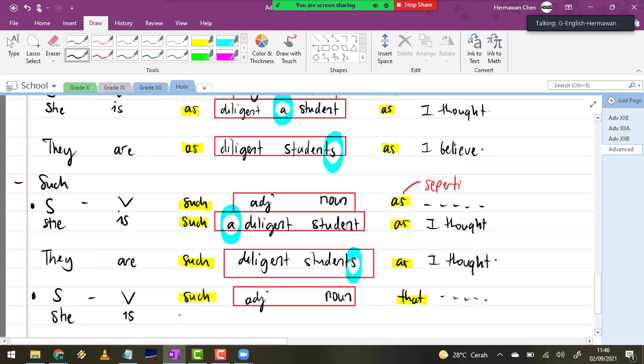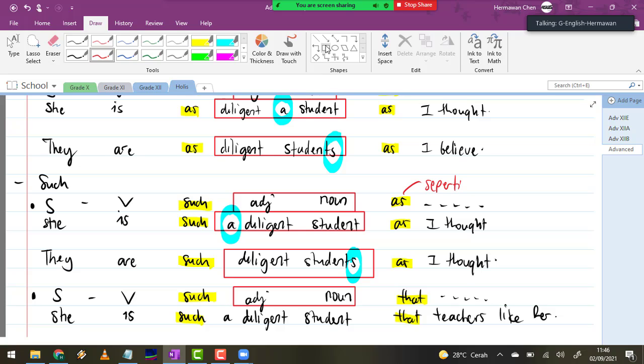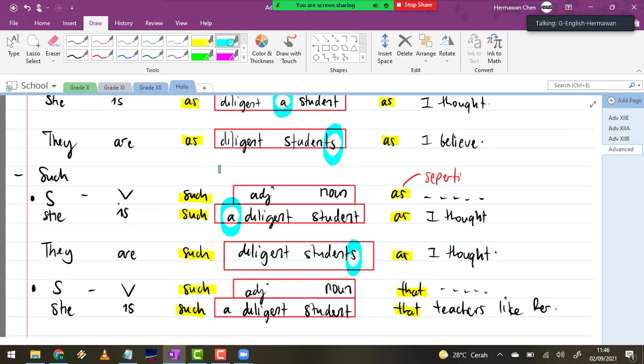She is such a diligent student that teachers like her. Have a look. I use "such" and "that". Because this is "such", you have to put the article here.